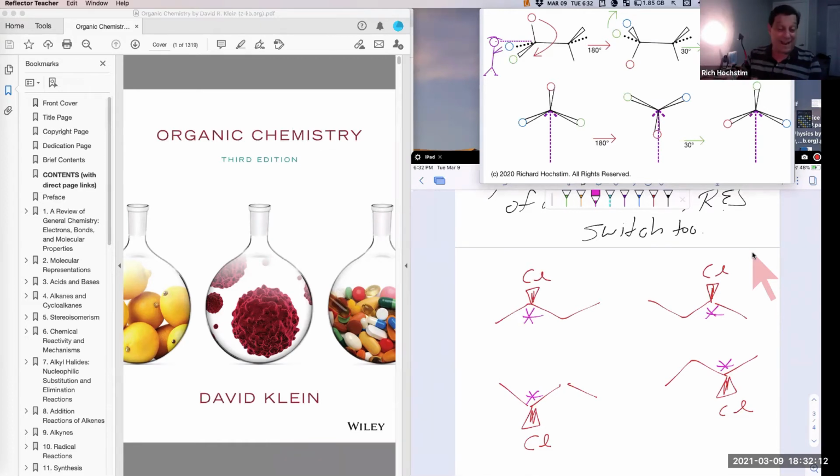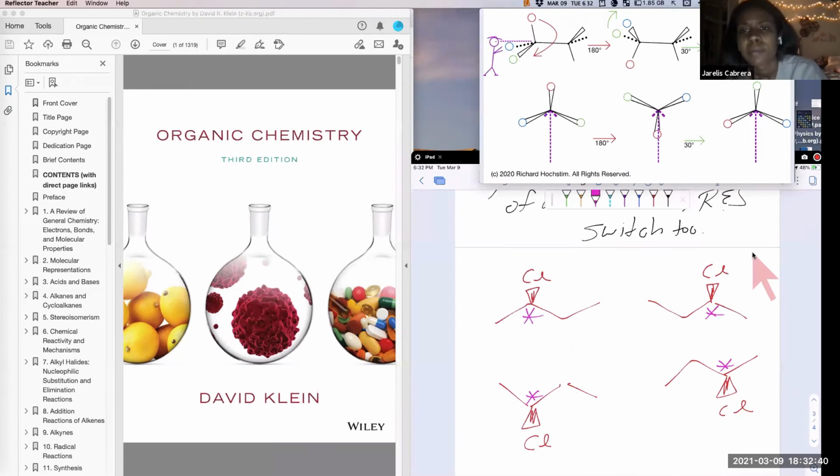Everything is either identical or enantiomers. Does that make any sense? So if it's only one chiral center, then it can't be a diastereomer because it needs a second one. Right. If there's a chiral center and there are no cis or trans double bonds, then it's going to be identical, or it's going to be enantiomers. Okay, that makes sense.